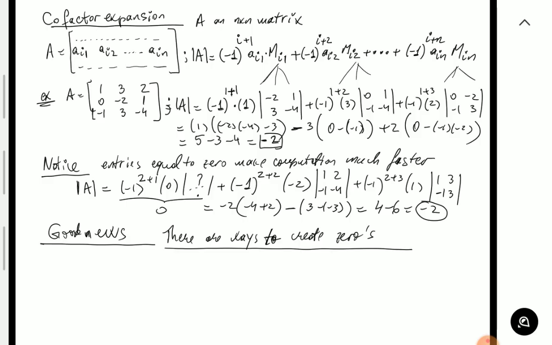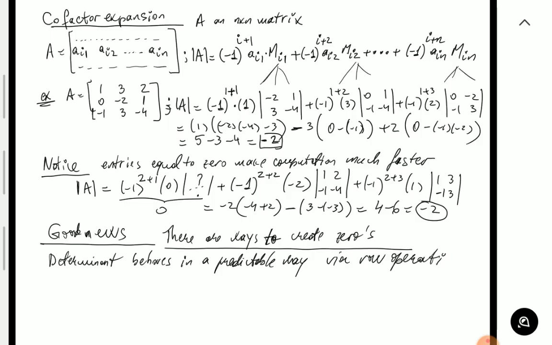So the determinant behaves in a predictable way via row operations. The same row operations that you use to solve systems via the row reduced echelon form can be used to create zeros and ease our computation of determinants.